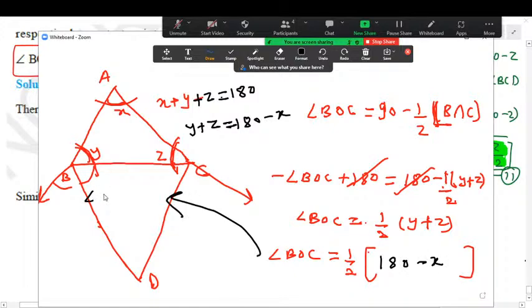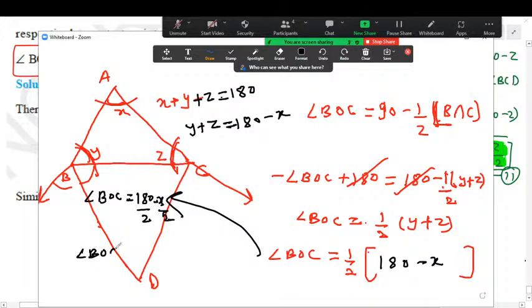Now BOC will be equal to how much? 180 over 2 minus x over 2.